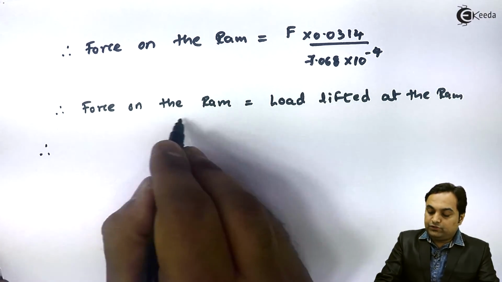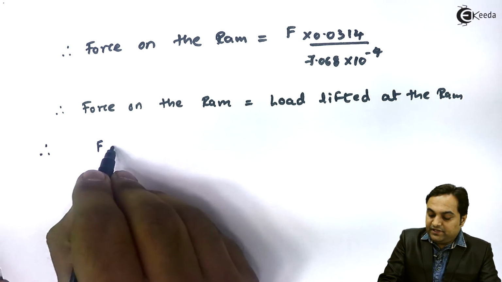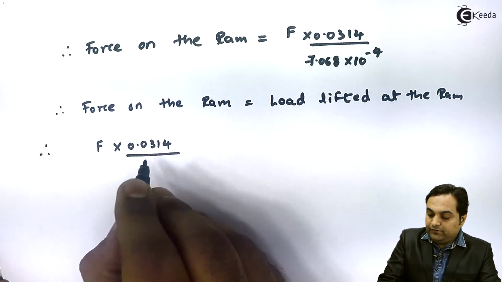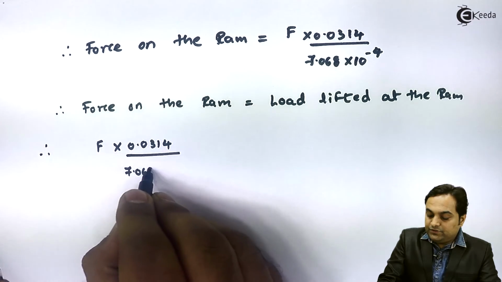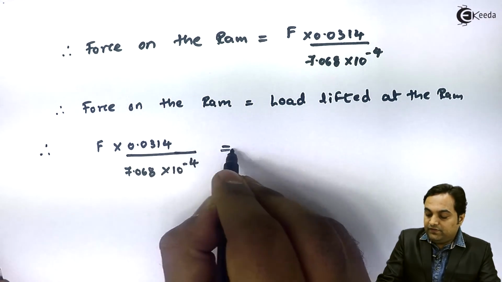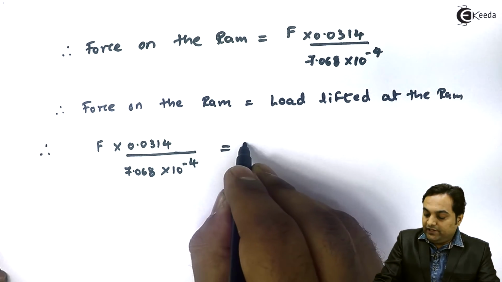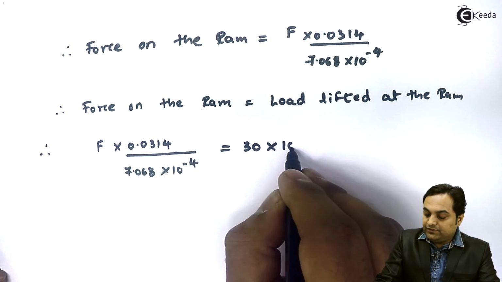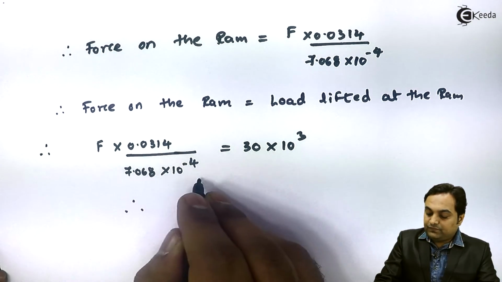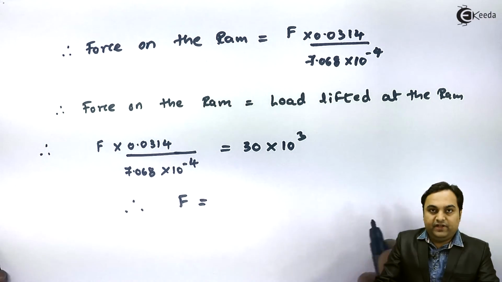Now force on the ram we have already found out, it is this value. I'll keep it as it is, F into 0.0314 divided by 7.068 into 10 raised to minus 4. It is equal to, now load lifted at the ram, it is given in the question, the value of weight is 30 into 10 raised to 3. So finally, if I send these terms onto the right hand side, I will get my answer of F.